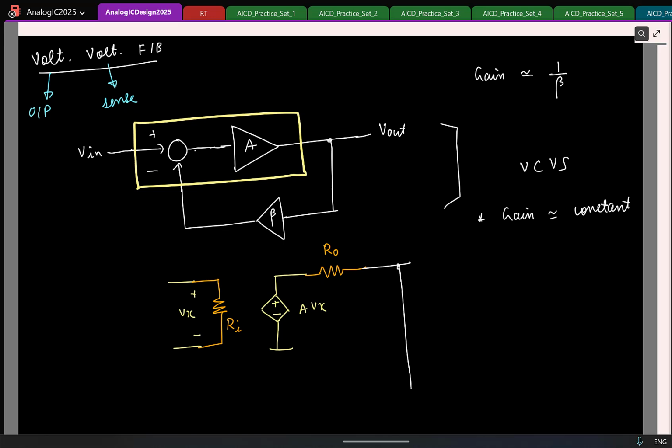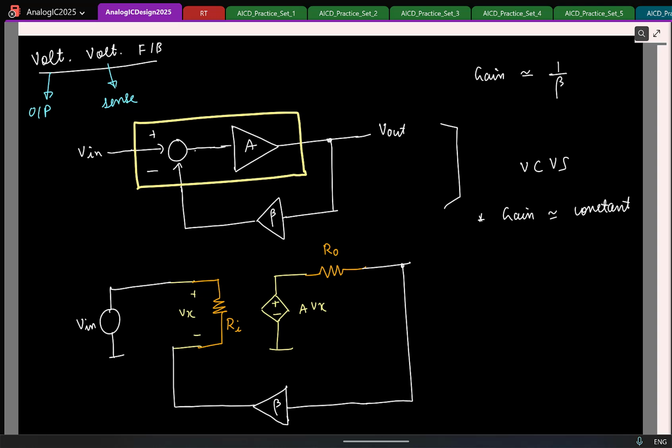I'll take the output. Let us say I have the feedback factor beta, and then I feed it here. Correct? And this is where you go and apply your input voltage. Is that right? Let me move to next page.